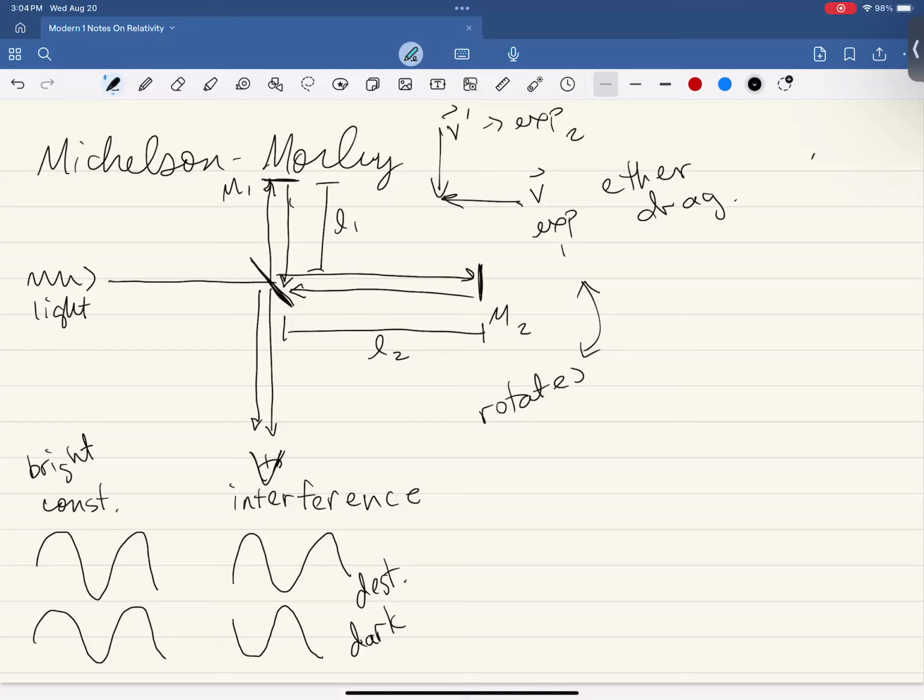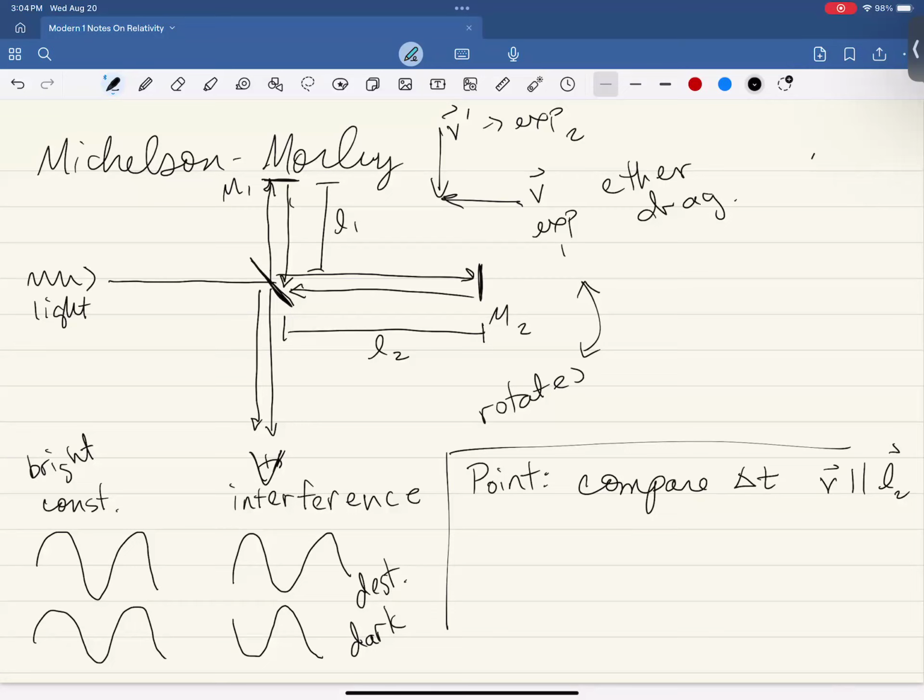Okay, so what we're going to do is compare the time difference. So here's the point. We're going to compare delta t for V parallel to L2 with delta t prime for V parallel to L1.